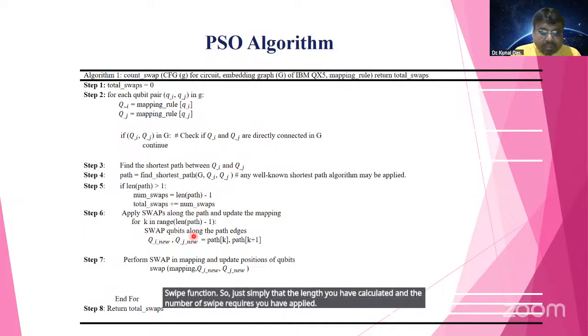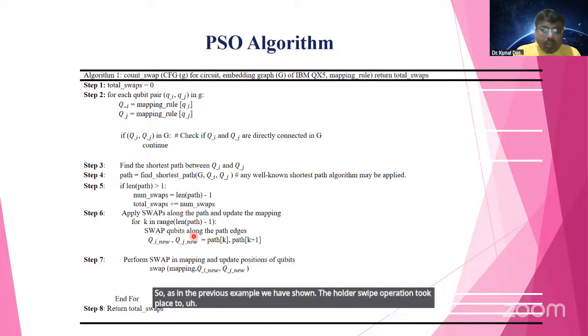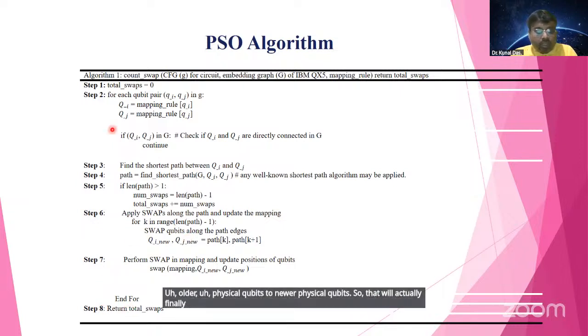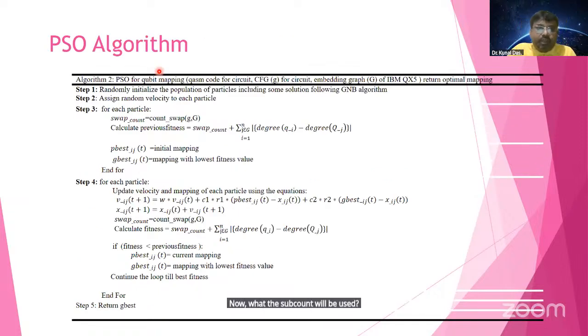As in the previous example, we have shown how the swap operation took place from older physical qubits to newer physical qubits. So that will finally return the swap count. Now, where will the swap count be used? The swap count will be used in calculating the fitness value.